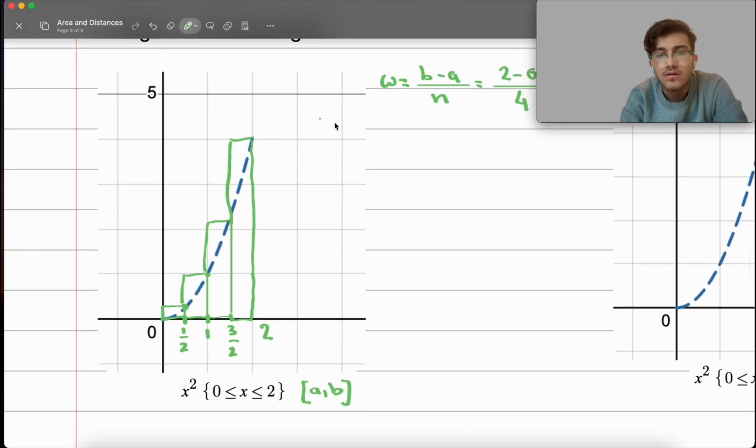So now I'm going to say the area under the graph is going to be the sum of the area of those 4 rectangles. So the width times the height of each one.